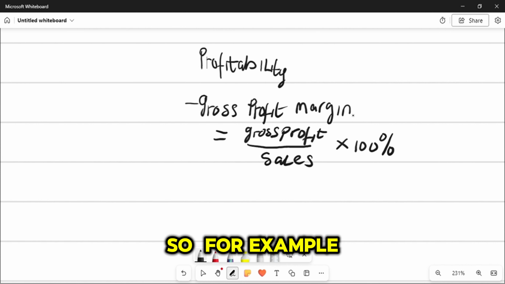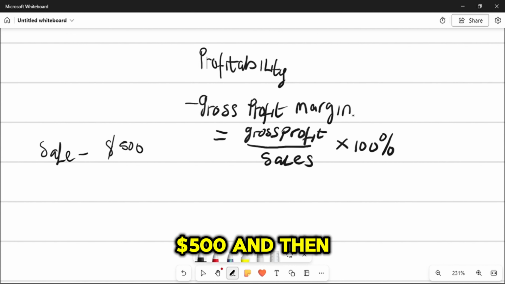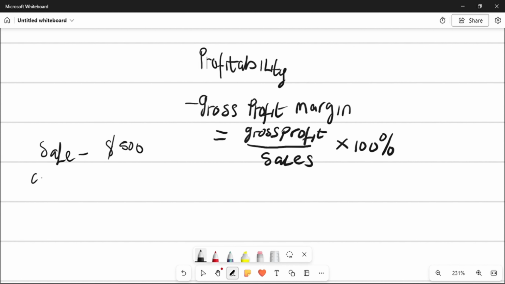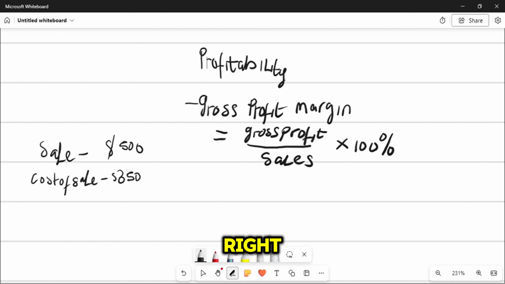So for example, in the company's financial statements, it was given that sales was, for example, $500, and then cost of sales for that company was maybe $350, right?